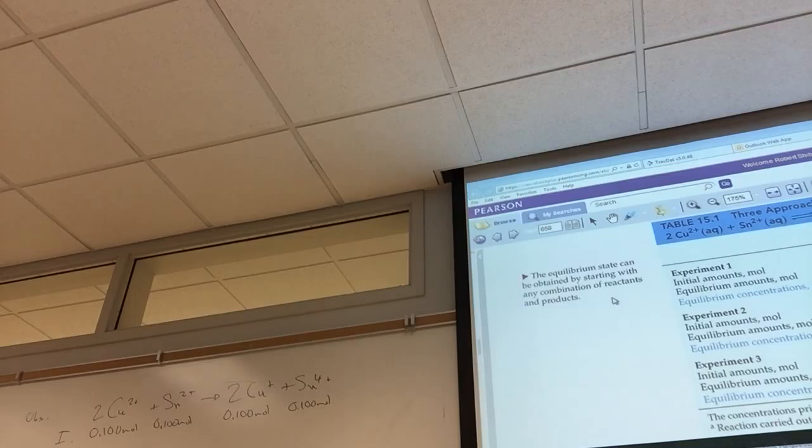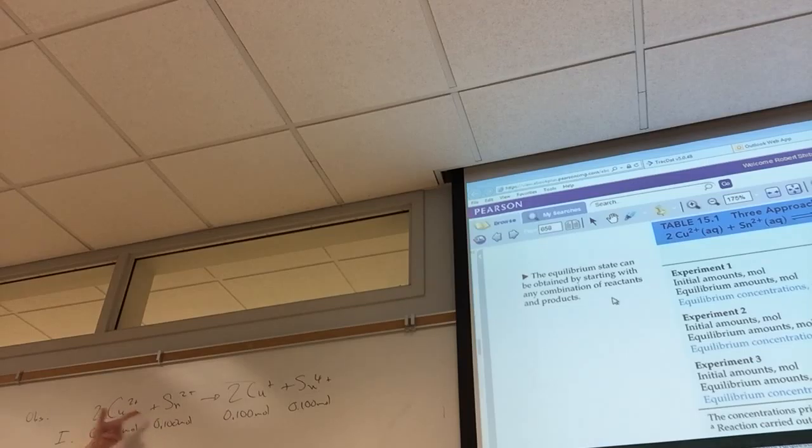This many moles of tin must have reacted. In other words, when I'm asking how much tin reacted, it's half this. How do I know half this amount reacted? Because twice as much copper reacts than tin.